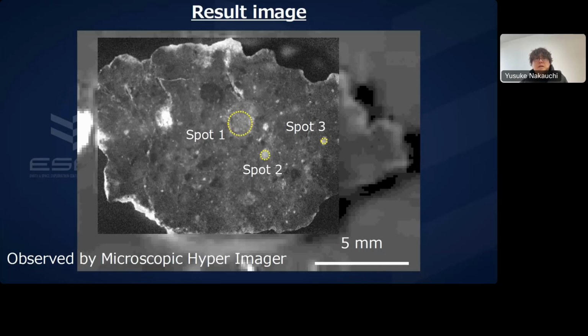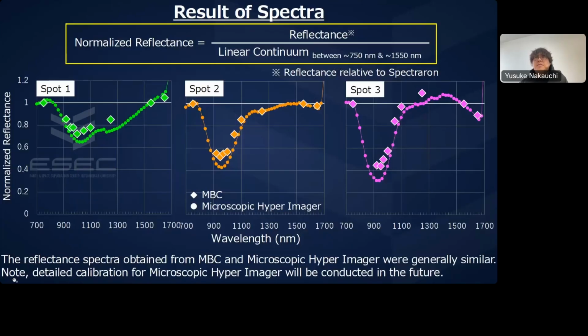Now let's take a look at the reflectance spectra of these three spots. They are the reflectance spectra obtained from the MBC and the microscopic hyperimager. The vertical axis is the normalized reflectance, and the horizontal axis is the wavelength.